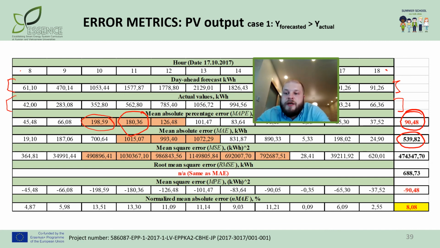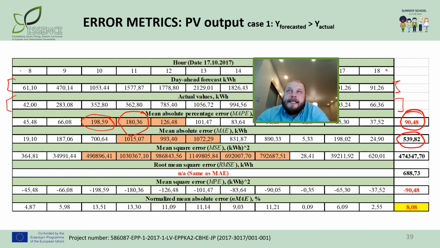And now, just imagine yourself being in the place of a company having such software providing predictions of photovoltaic power plant output. Well, how would you feel if you saw that the error for the prediction of photovoltaic power plant output is 90%?